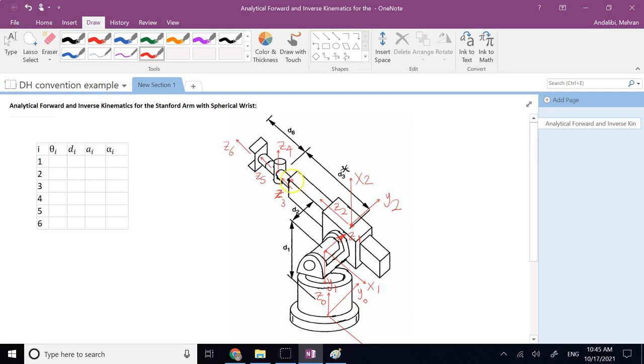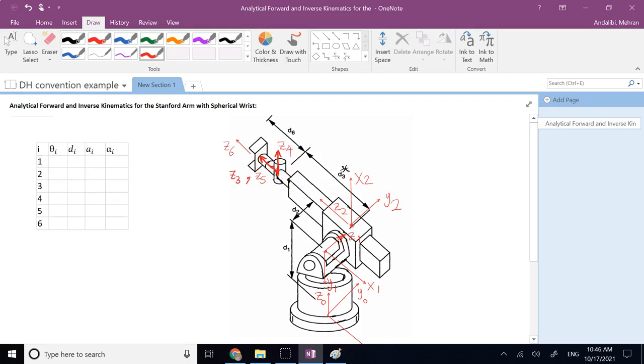So what I do here, I choose my origin of 3 to be at the same place as 4 and 5. And for that reason, here I can basically extend them like this. Okay, and then your Z5, which is this one, is also your Z3, because Z3 is starting from that wrist point.